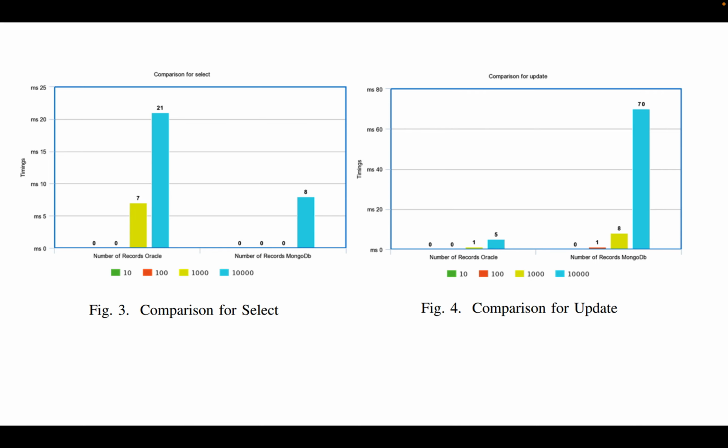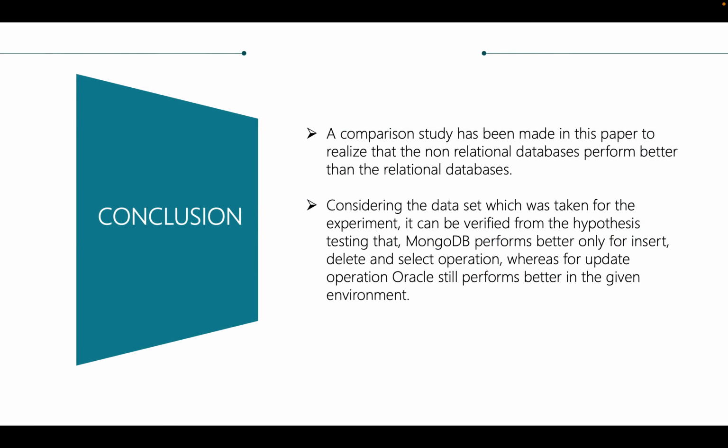Only for the update operation, MongoDB takes a relatively greater time than Oracle, for example for updating 10,000 records. So we can conclude that MongoDB is a better option for insert, delete, and select operations, whereas for the update operation, MySQL is a better option and performs better in the given environment.